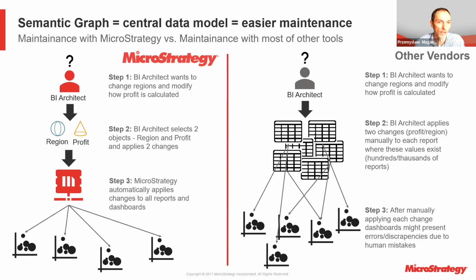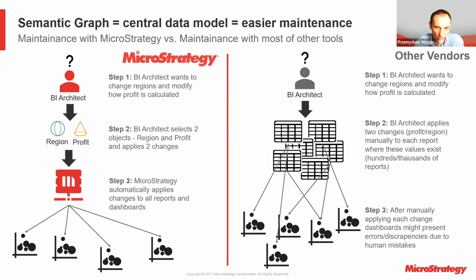And this, if you compare to what's happening with various tools. Quite often, such a change of two objects, in fact, requires people to do changes manually in each report where those objects exist, right, or those values exist. For example, you have this region or profit definition in various places embedded in dossiers, then you have to go to those places, and you have so many opportunities to make mistakes, right?